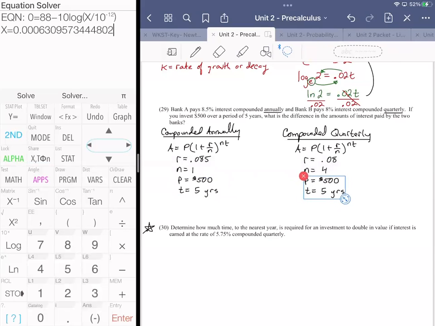So this is just pure plug and chug, which isn't bad. So A, in this case, would be 500 times 1 plus 0.085 over 1 raised to the 1 times 5 power. Whereas this one would be 500 times 1 plus 0.08 over 4 raised to the 4 times 5 power.